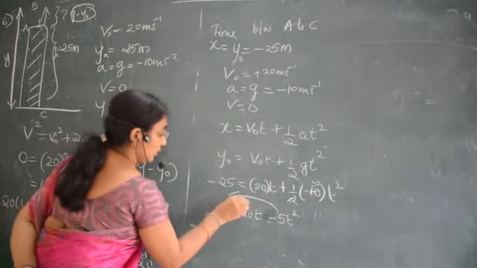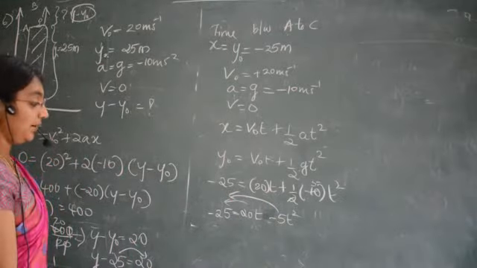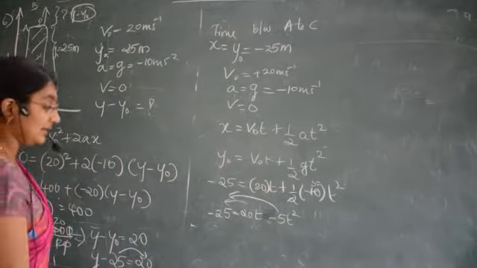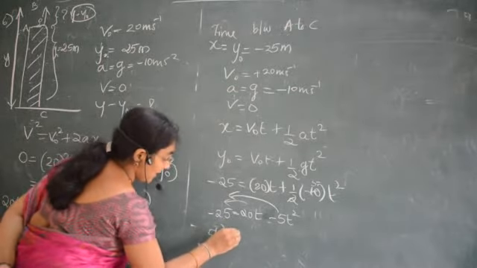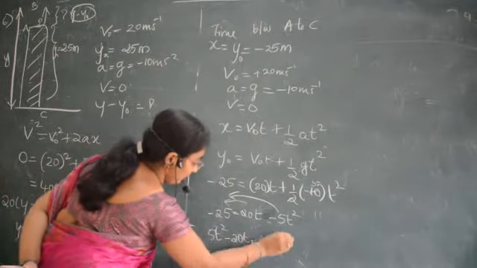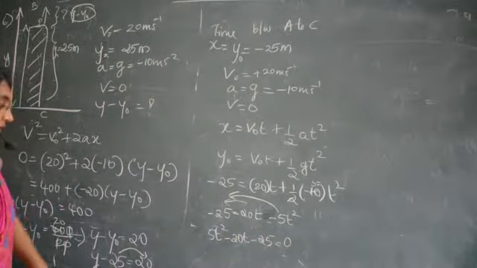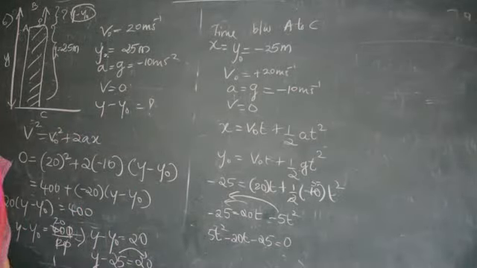We'll take both the 20t and minus 5t square to the other side. So what do we get? 5t square minus 20t minus 25 is equal to 0. This is a binomial expression.